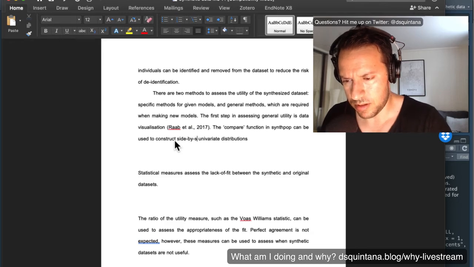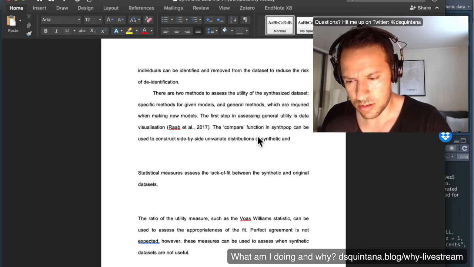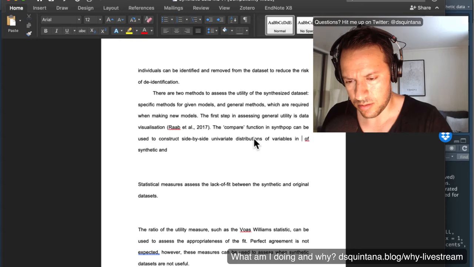Side by side. Of synthetic observed datasets.